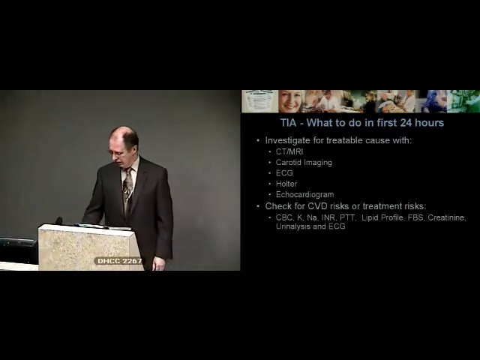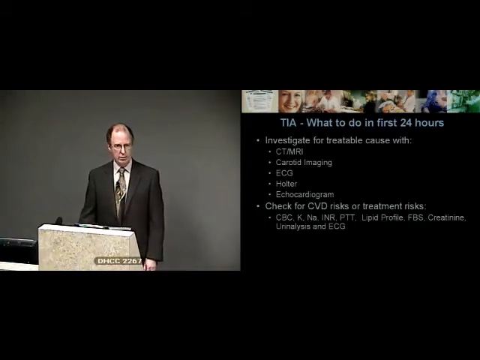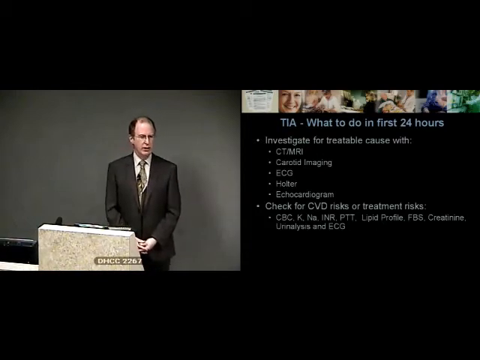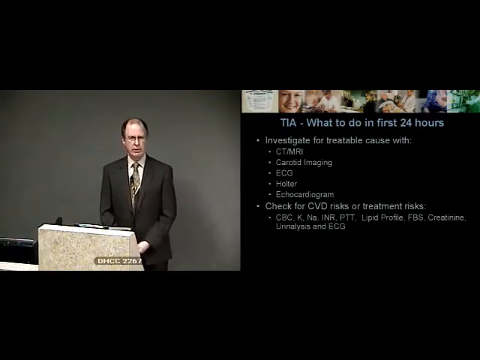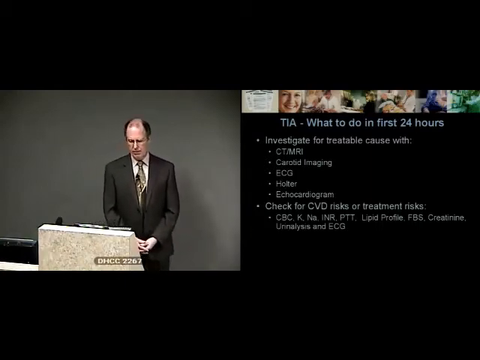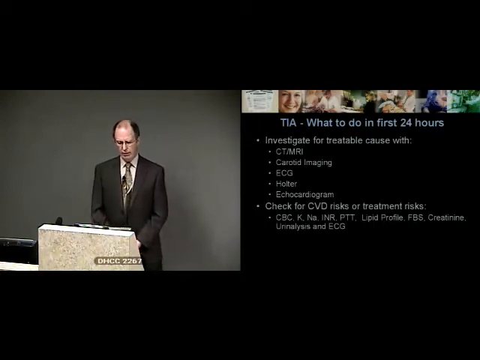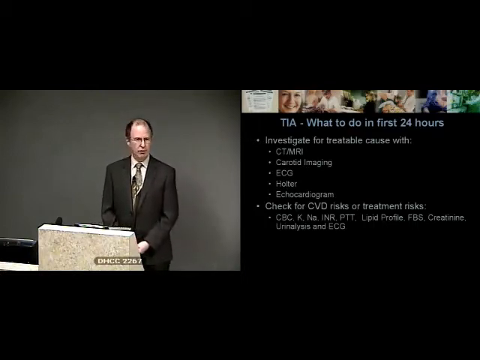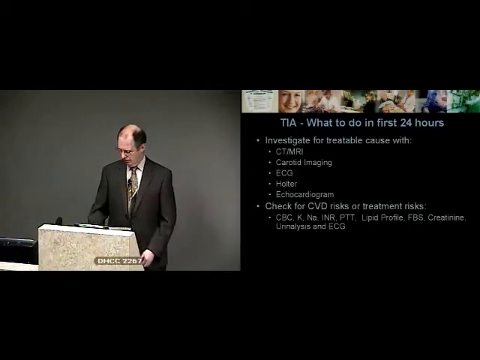So whichever test you can get urgently within that 24-hour timeline should be the one you use. You need an ECG, a Holter monitor if you think there's any chance of an arrhythmia contributing to this TIA, and an echocardiogram if it's indicated. Certainly the blood work there for checking out risks or for helping future treatment decisions is indicated.